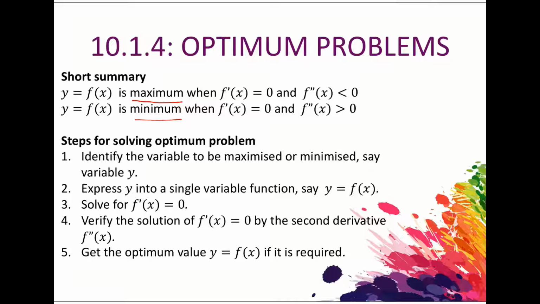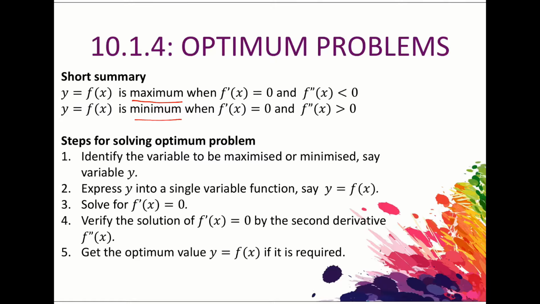Or at other times, we also need to determine the length of the sides so that we use the least amount of materials. So in order to solve optimization problems, there are steps that we need to follow.